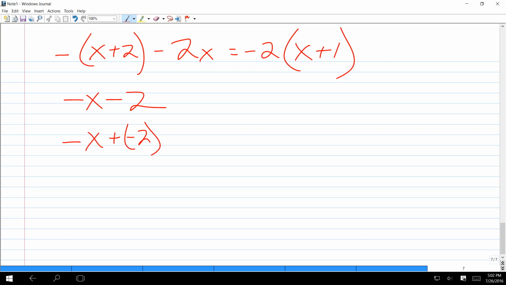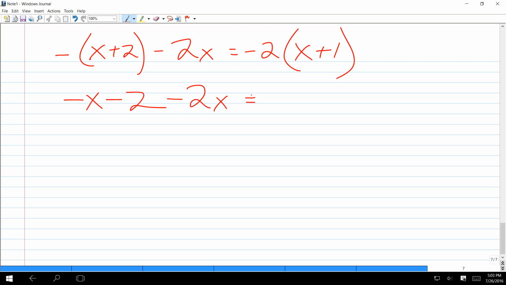I mean, you could, but then you still have parentheses. You still have to decide what to do with that combination of a plus and a minus. Whenever you're adding or subtracting and you have a plus and a minus next to one another, it turns into a minus. So that negative sign applies to the x, and it also applies to the plus. So you get that. And then we have another minus 2x there.